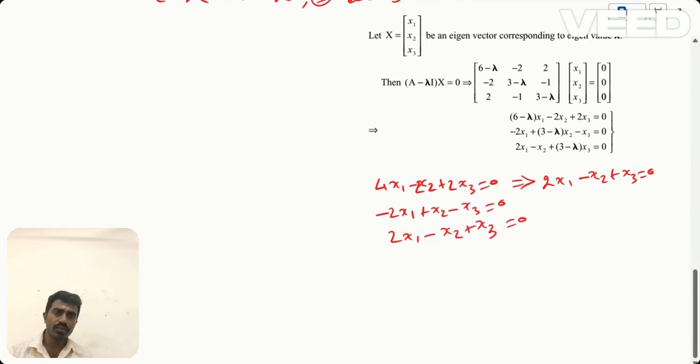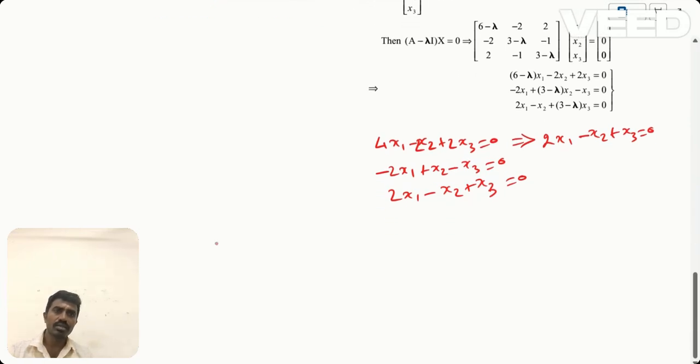So if all three equations are same, then substitute arbitrary value for any two variables, we have only one equation, that is 2x1 minus x2 plus x3 equal to 0.